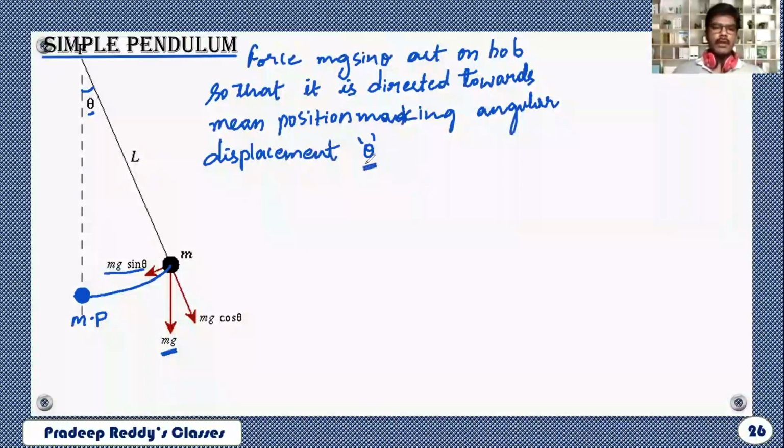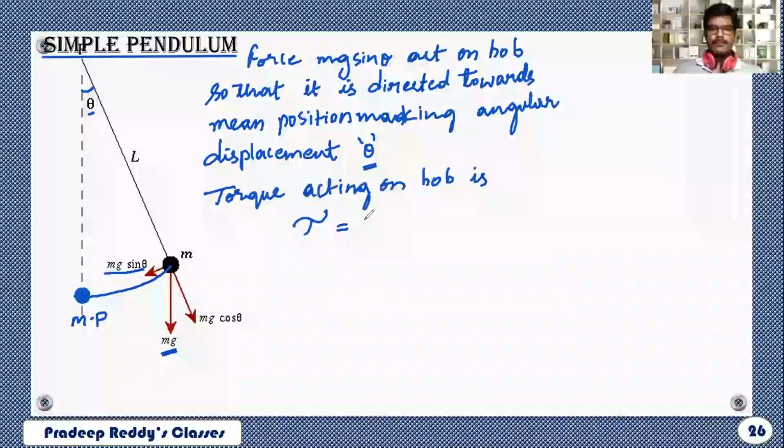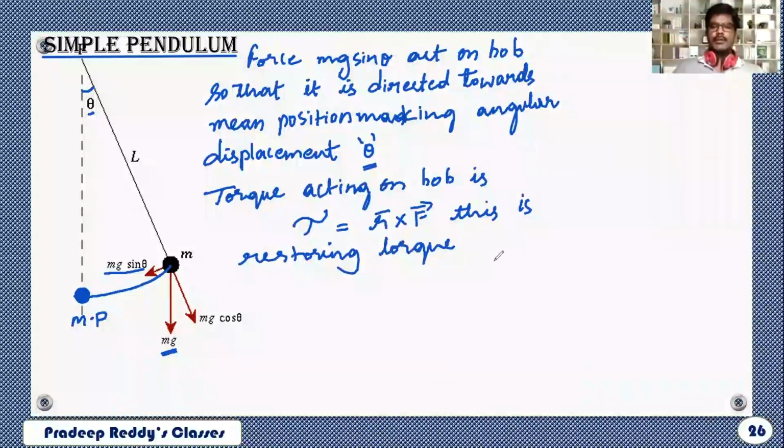theta. So I can write torque acting on the bob is tau is equal to r bar cross F bar, and this is restoring torque. And clearly I can write this is r. r is nothing but L here.